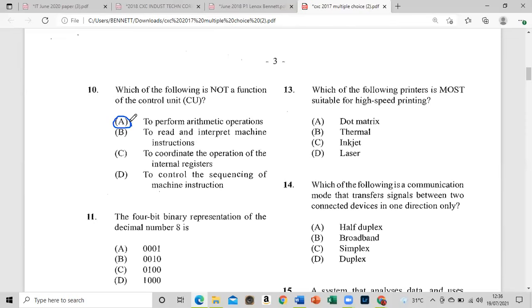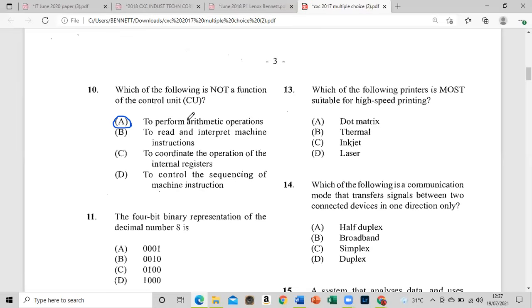Guys, you can literally prepare for paper 2 with these. The CU reads and interprets machine instructions, coordinates operations of the internal registers, and controls sequencing of machine instructions. It does all of these. Only this it doesn't do.